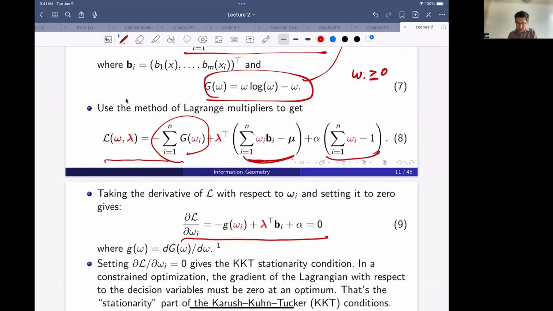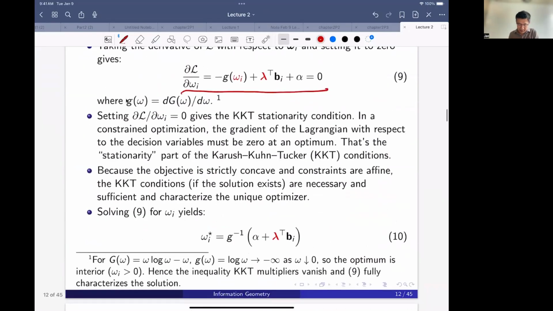But in this particular choice, you don't have to worry about that, because it'll never get a negative weight because of the particular form of the optimization function. Okay.